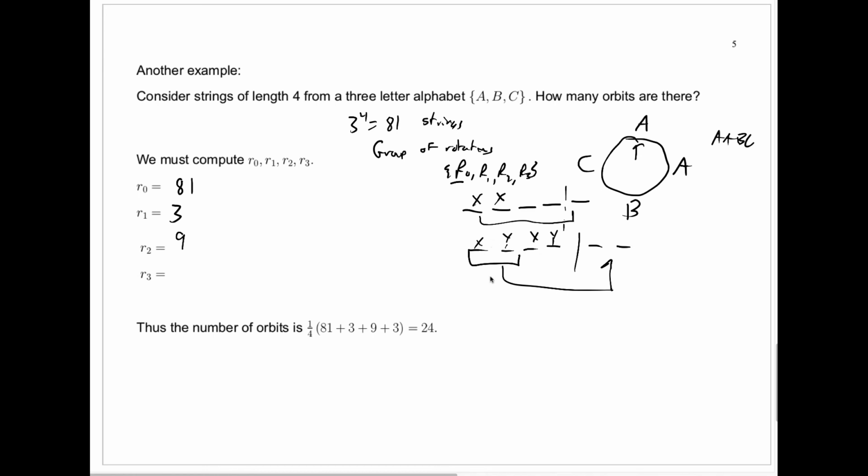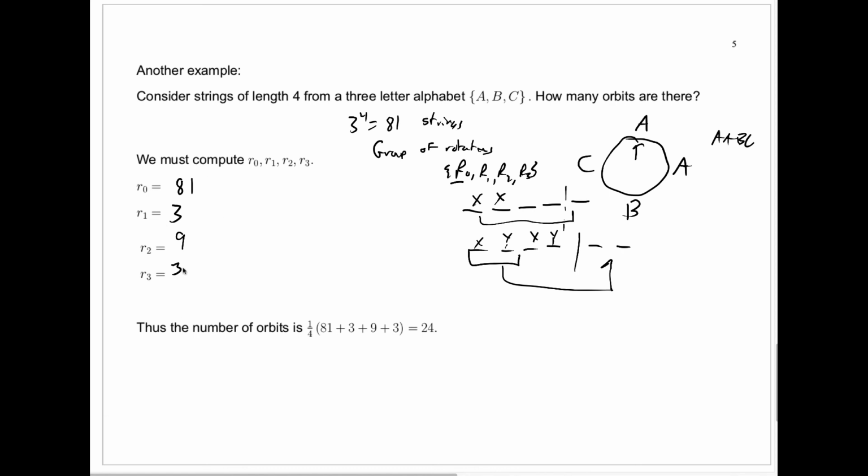The second 2 will just be forced then to match them. 3 times 3 gives us that 9. And just as we saw before, R3 has to be the same as R1 because a rotation by 3 units is just like a rotation by 1 unit in the opposite direction. So I'll have the same number of strings that get fixed.